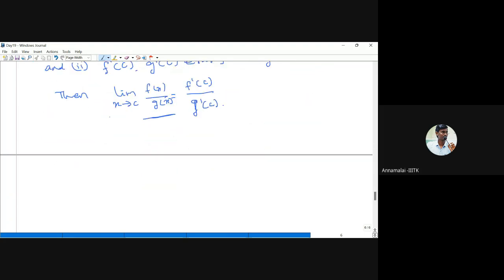So maybe state it as a theorem. What is the next theorem?